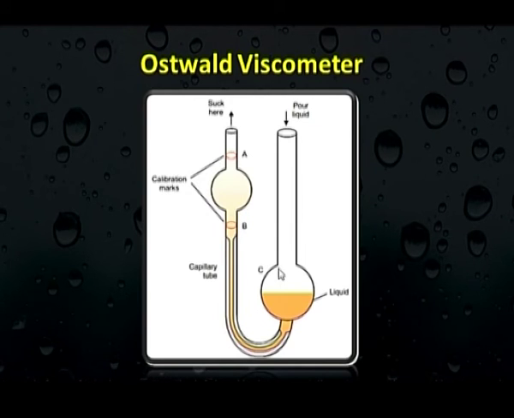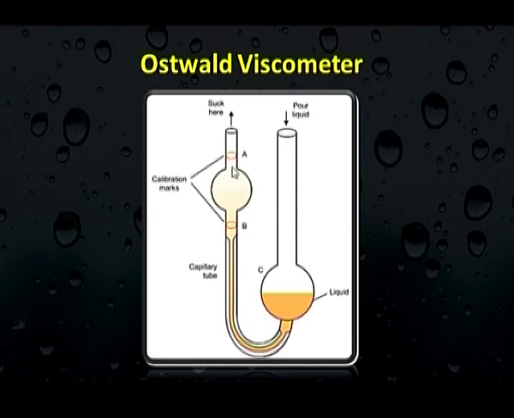This Ostwald viscometer has two limbs. The left hand limb is essentially just like a pipette. In this limb there are two marks, one here, A, and the other here. Now, liquid is poured from the right hand limb, and then it is sucked from here.